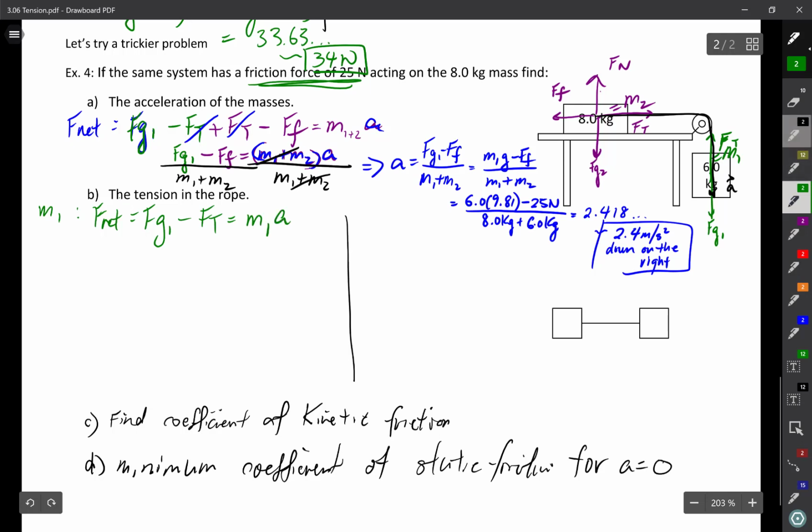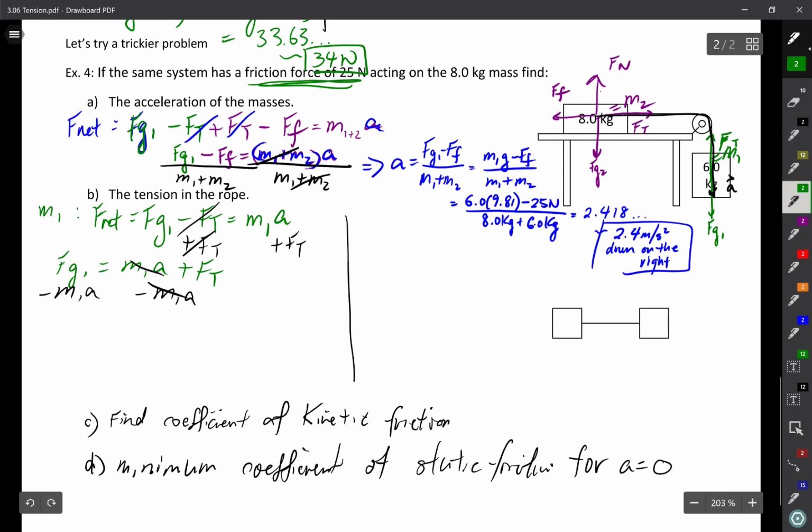And solving for t, we're going to need to move t to the other side and swap over with the M1a. This is getting quite the repetition. Fg is then equal to M1a plus Ft, moving M1a over to the other side.